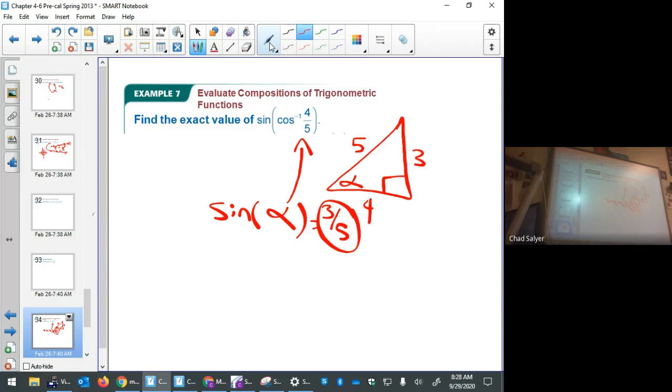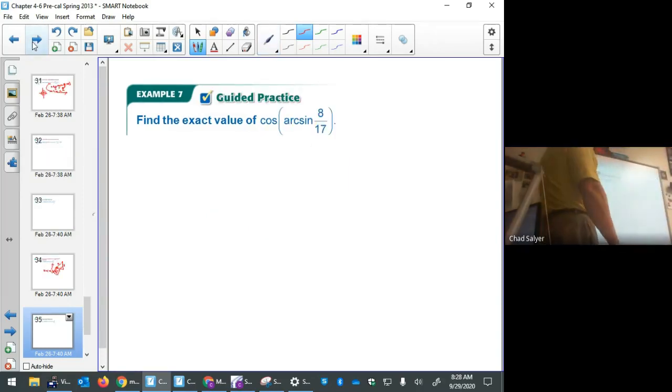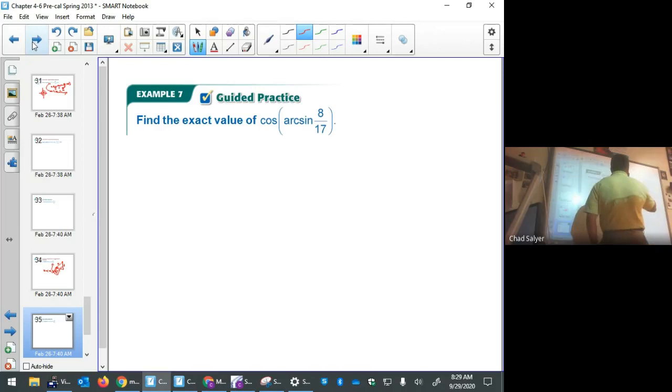Okay, so part B here. The cosine of the arc sine of 8 over 17. So they weren't as nice to us this time. This might be some Pythagorean triple, but it's not one I know.